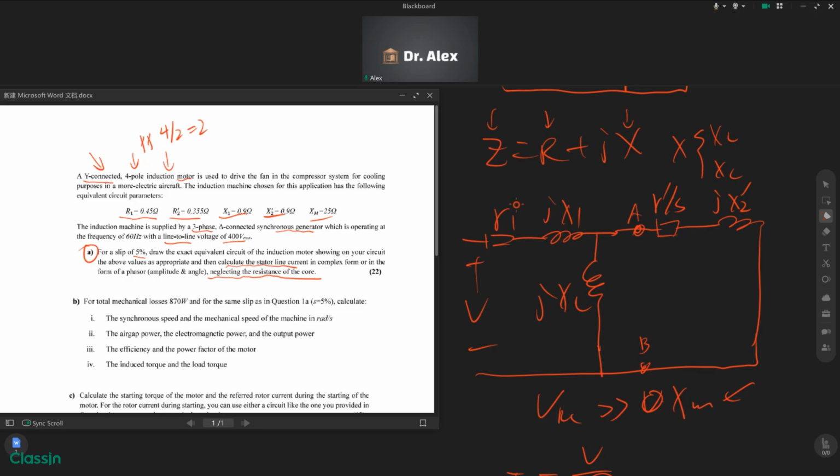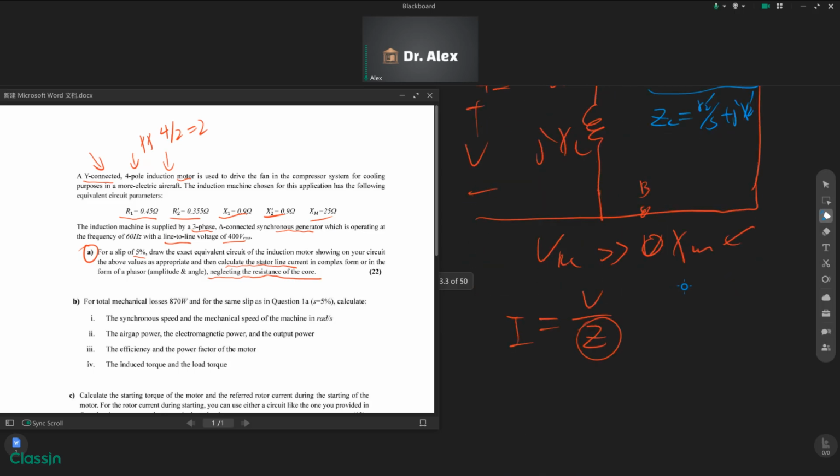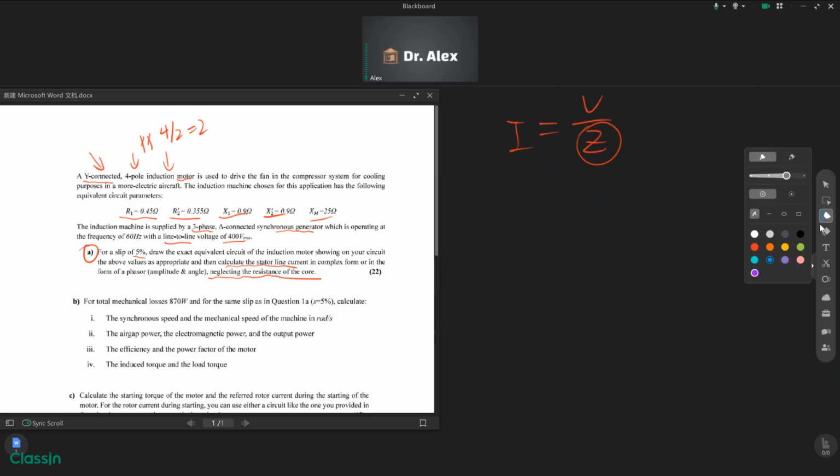We can make them into one form, which is Z1. Z1 equals R1 plus jX1. And here is Z2, right? Z2 equals R2 over S plus jX2 like this. Okay? So after this operation, we can get our circuit like this.